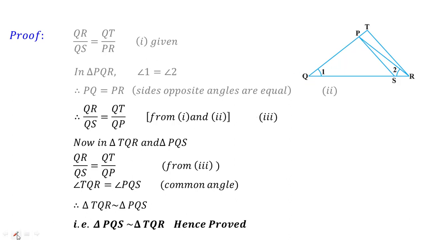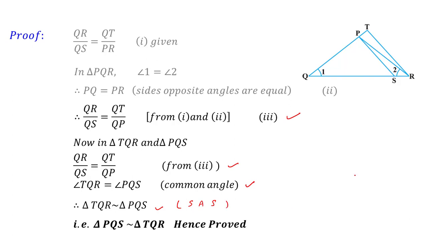Now it is easy for you to prove they are similar. This ratio is equal, as well as in these two triangles angle Q is common. So this ratio is equal and the angle between them is common. So I will say that these two triangles are similar by side angle side criteria. Here you should mention that this is side angle side criteria.